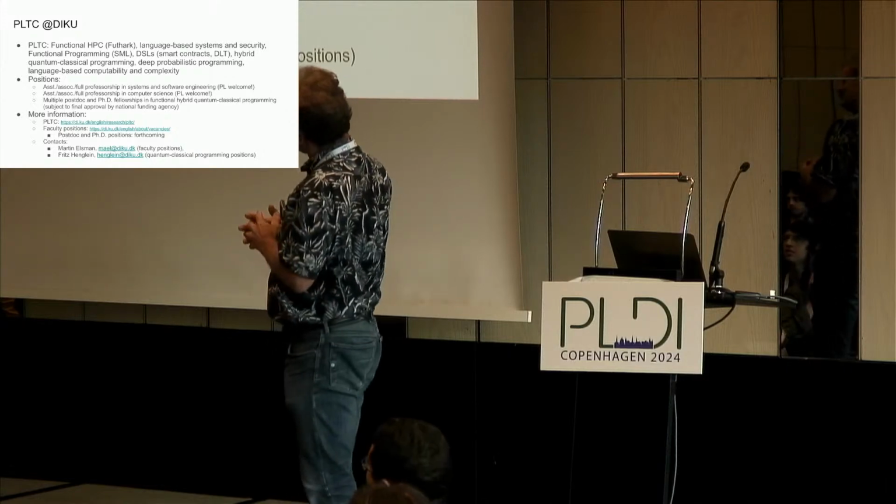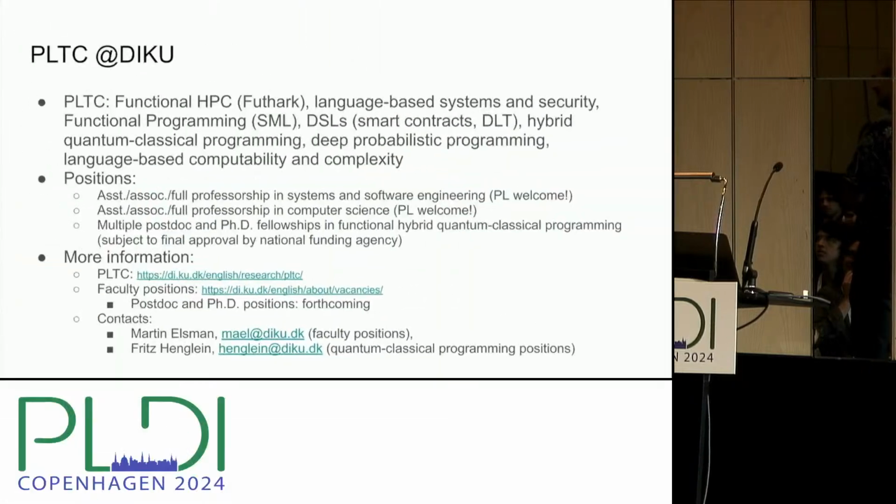And we have multiple postdoc and PhD fellowships in functional hybrid quantum classical programming. What does that mean? We're still waiting, it's subject to approval. But it's looking for a combination of both quantum computing and classical high performance computing.